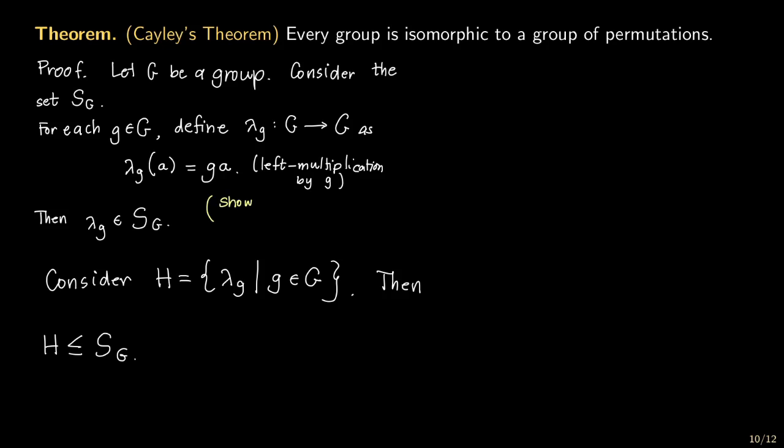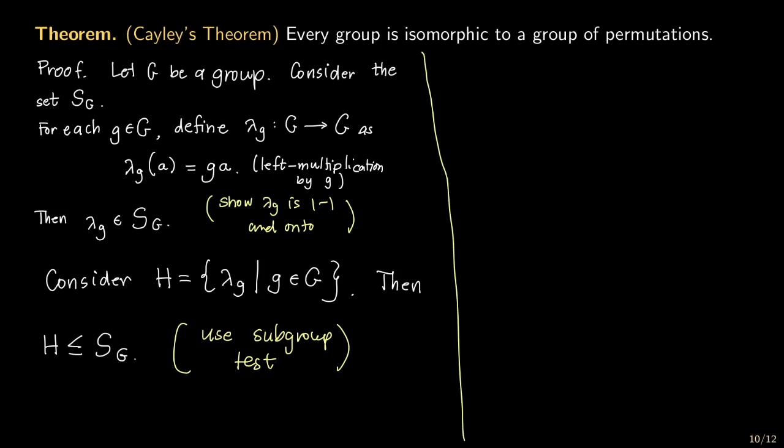Show lambda g is one-to-one and onto. So these are exercises. We always do this. Here, use the subgroup test. We have many subgroup tests. You can use the one-step or the three-step. It's up to you. Okay, my line is ugly, not straight. So straighten it up.